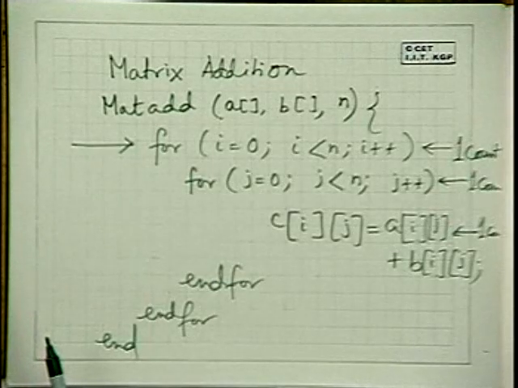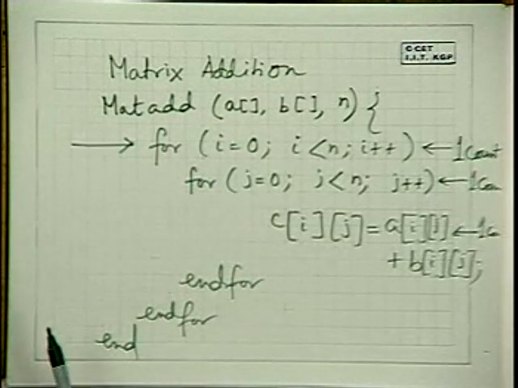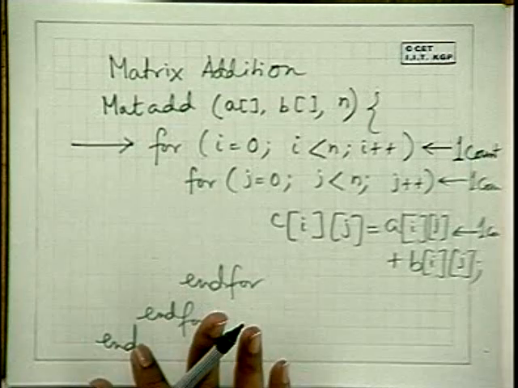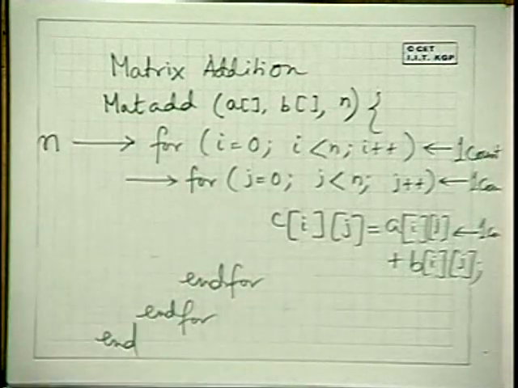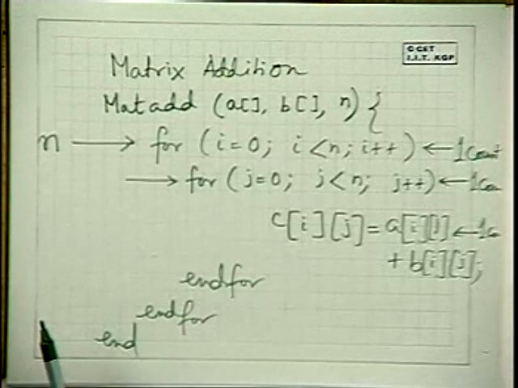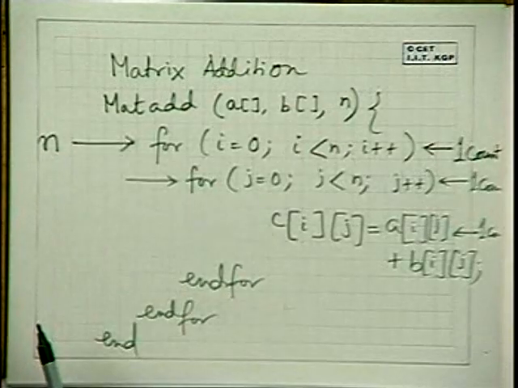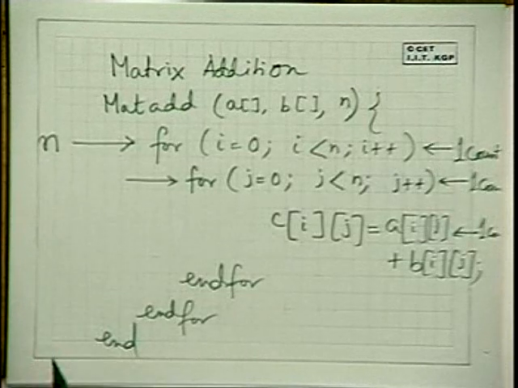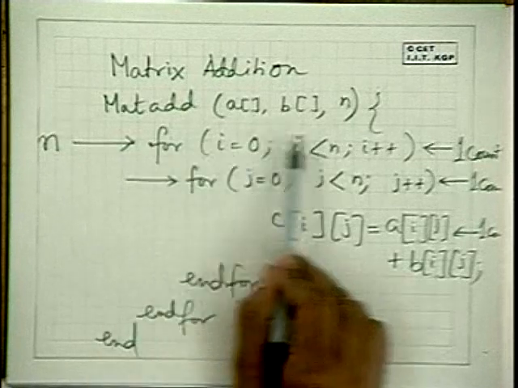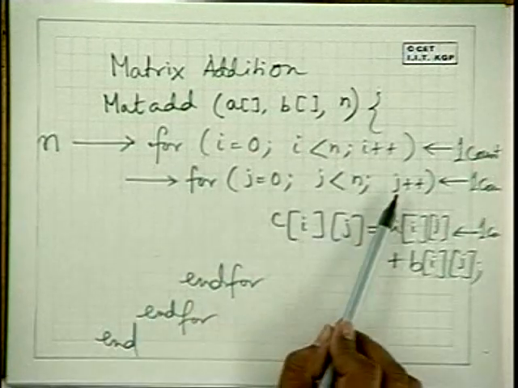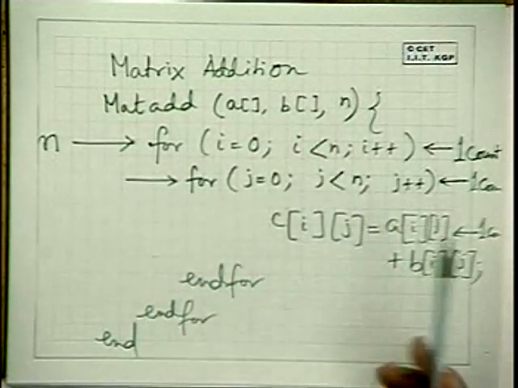Now let's see how many times each one is getting executed. The outer loop is executed n times, roughly. So this gives me a total count of n. How many times is the inner one executed? It's not n, because it is within the outer for loop, which is executed n times, and the inner one itself is executed n times. So n times n is roughly n squared.